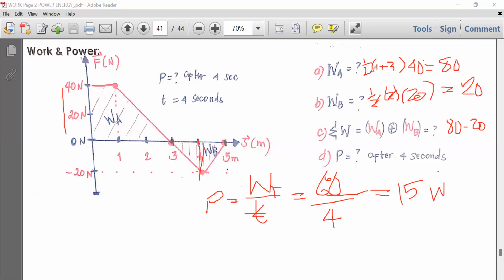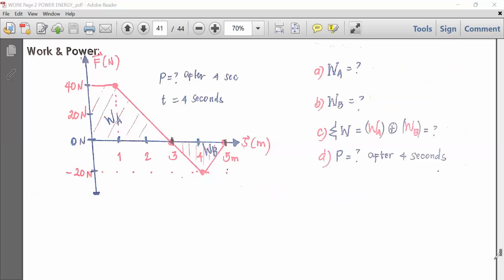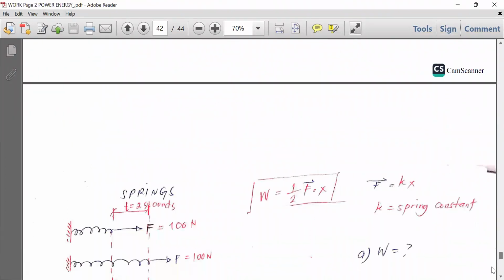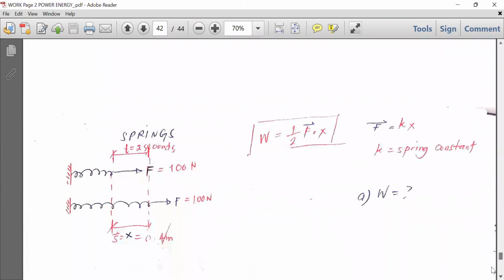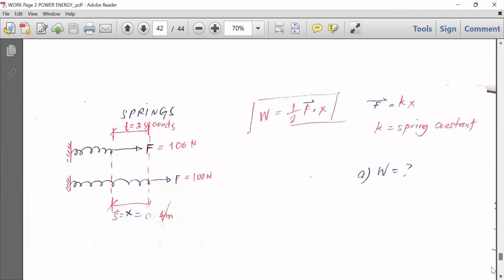All right. How about the next one? How much work was done by the force on the spring? And also let's solve for the power expended after 2 seconds.